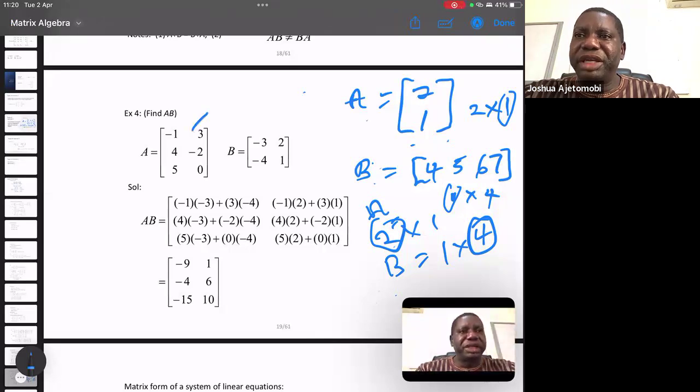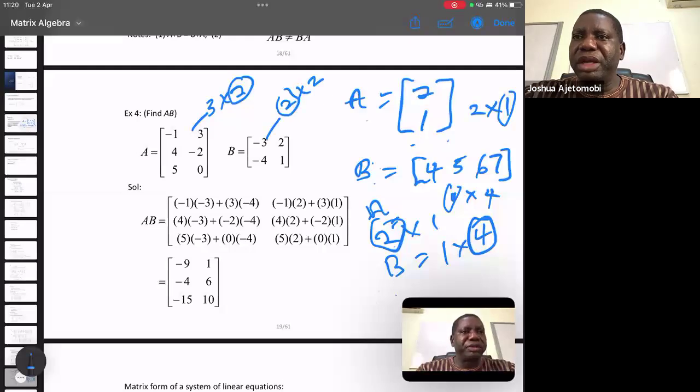For instance, here we have A and B. A is 3 by 2, and our B is 2 by 2. For conformability for multiplication, you have to consider the column of the first and the row of the second.